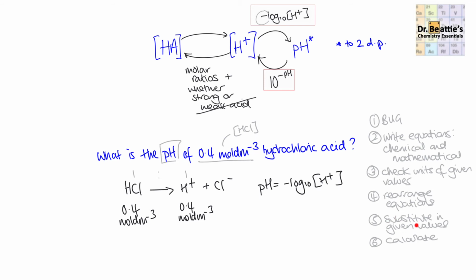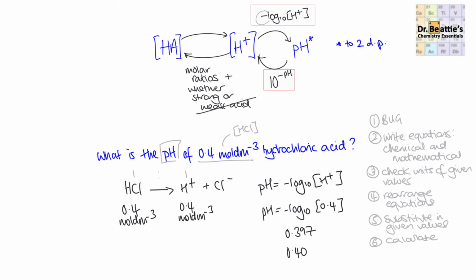And so then this allows us to work out that value and substitute it into the equation that we need. So therefore, our last step is just to calculate the pH, exactly what we're trying to get to. So in the calculator, you get the answer 0.397, and then we know that pH always is given to 2 decimal places, so we just need to round this up to 0.40.